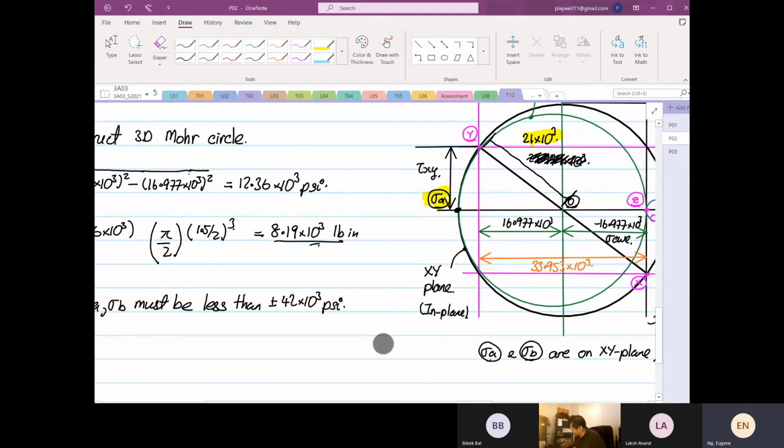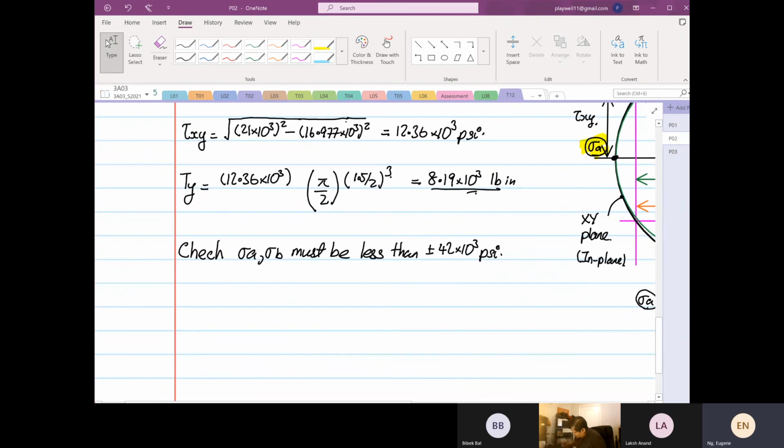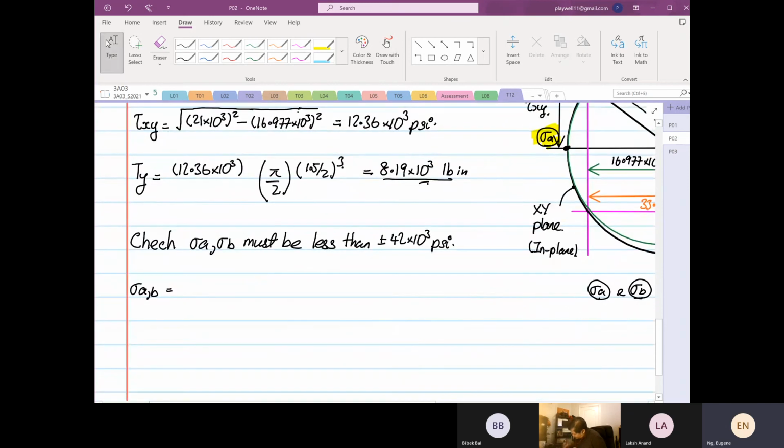So for our case, our average stress is 16.977, right? So stress A and B is equal to 42 or 16.977. So minus 16.977 times 10 to the power 3, right?